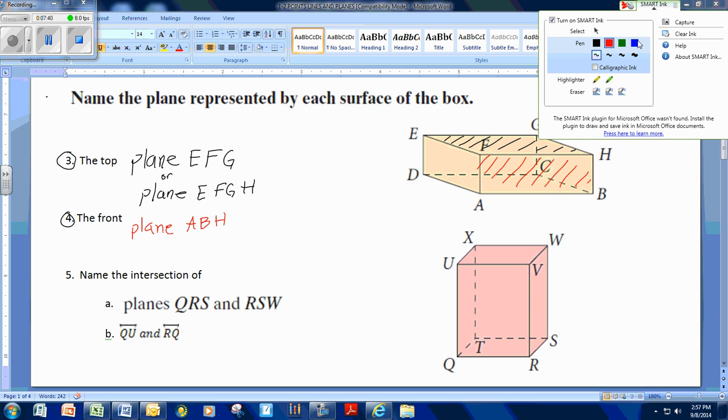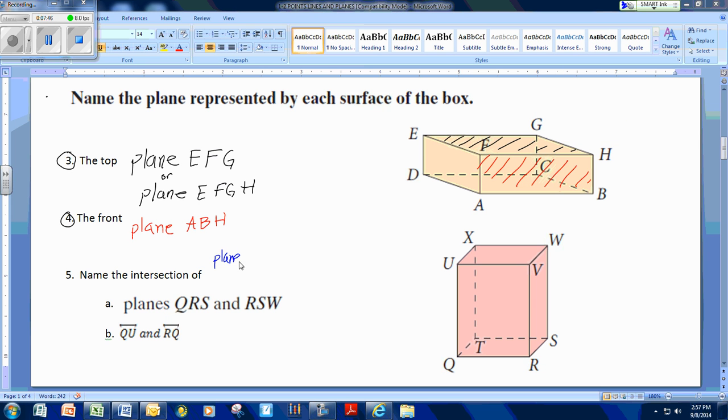Finally, let's talk about intersections. Now the rule is planes intersect at lines, and lines intersect at points. Simple rule. So if we look at example A here, plane QRS would be the bottom of the box, and RSW would be the right-hand side of the box.